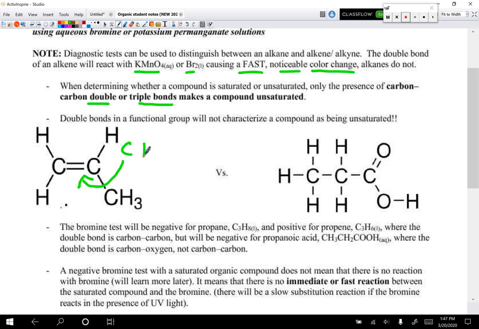So this is a C to C double bond. So this molecule right here will give a positive test to the diagnostic test. Now this one right here, notice how this is a carbon to oxygen double bond.